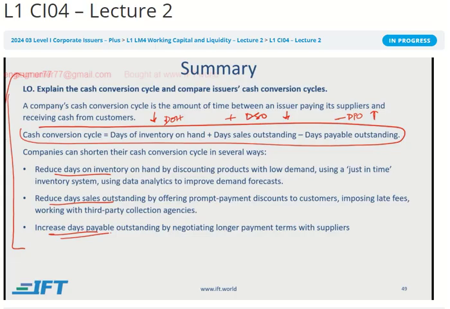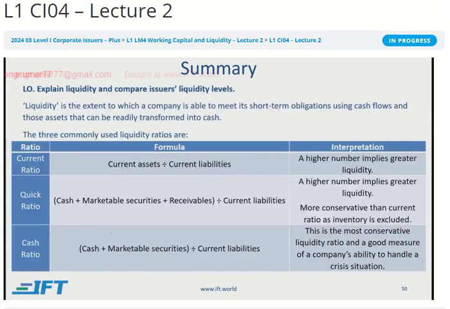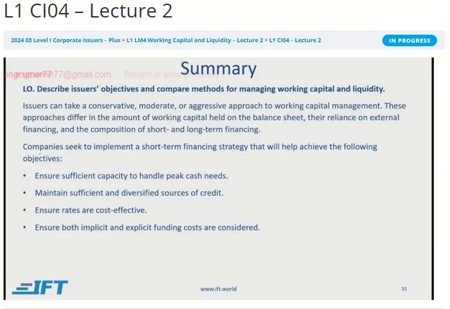Then we talked about these three ratios, in which of course the cash ratio is the safest. Then comes your quick ratio, and then of course comes your current ratio. Quick ratio doesn't include inventory, and cash ratio doesn't even include your account receivable. Then we talked about the different approaches: conservative, moderate, and aggressive.